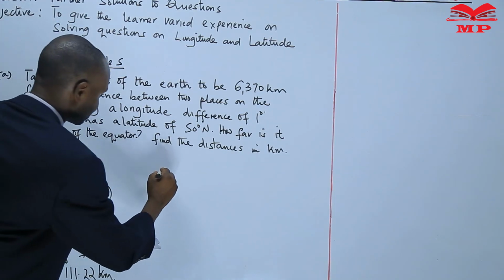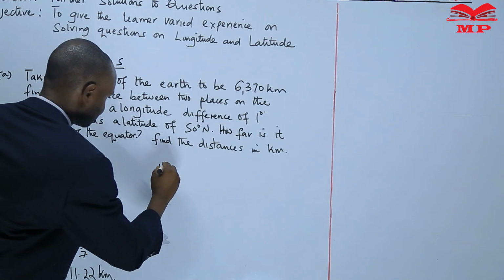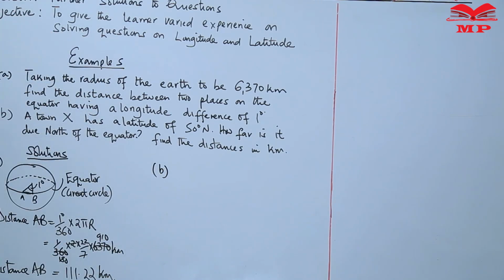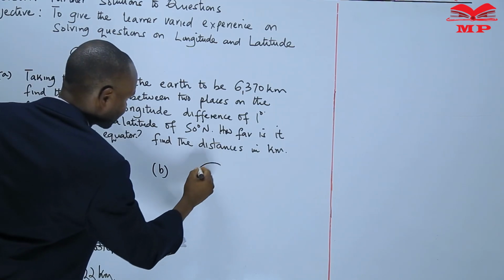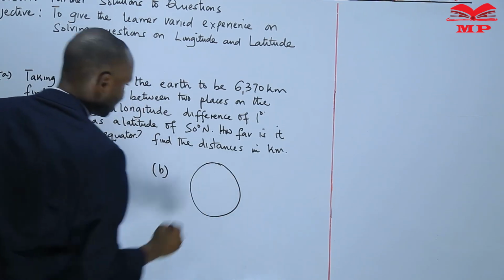We come to B. As usual, a sketch is very important. A town X has a latitude of 50 degrees north. So it's good to have your sketch.